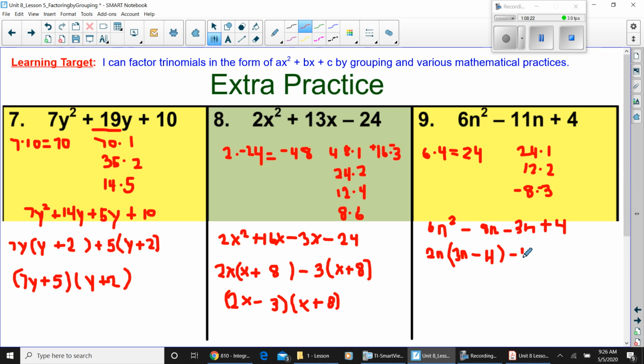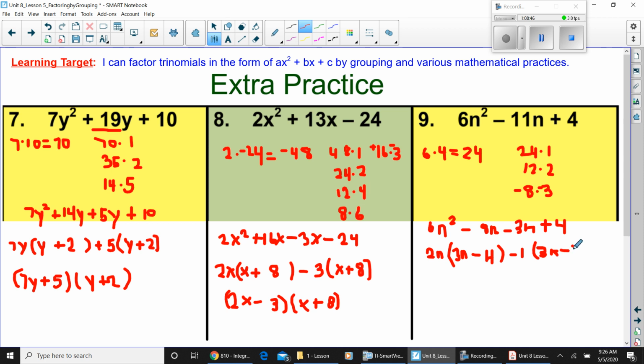And then you bring the minus sign out with the 1, because there's no greatest common factor, and inside you're going to have negative 1 times what equals negative 3n. Negative 1 times 3n equals negative 3n, I guess I can't draw n's anymore, causing a problem.